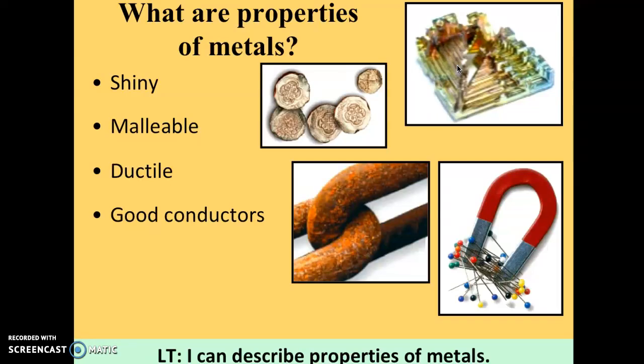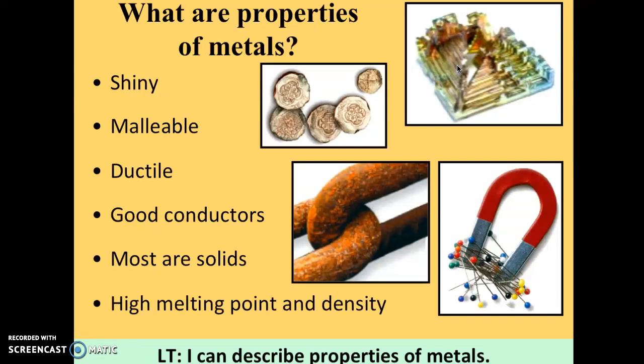We saw that in our mini labs. Most are solids, and they have high melting points and densities. Right? And you see some pictures in here you should be familiar with: rust or oxidation of some metals, and the fact that they are typically magnetic.